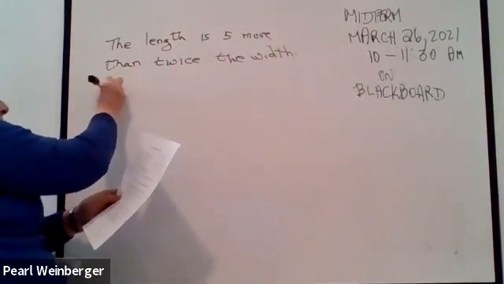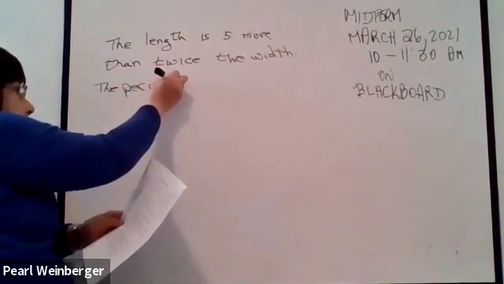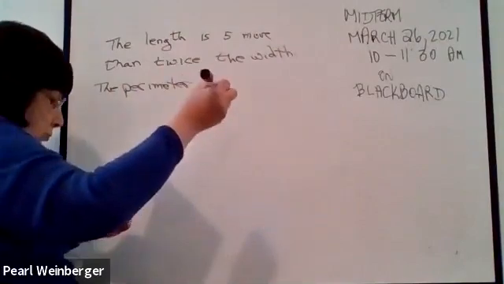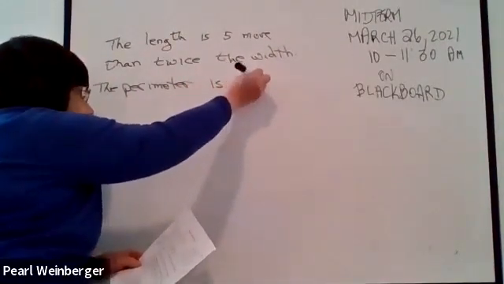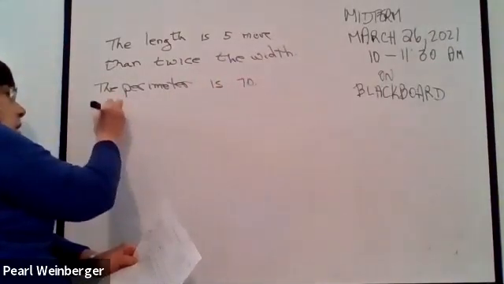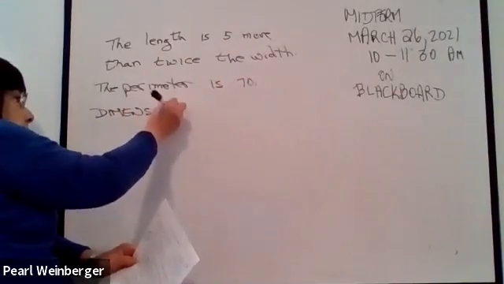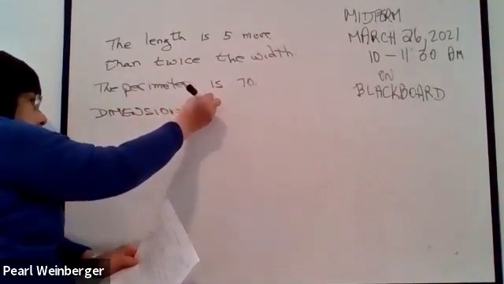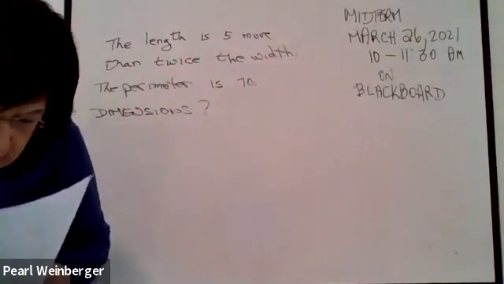The perimeter is 70. Find the dimensions. Okay, I'm going to give you a couple minutes to try that on your own.